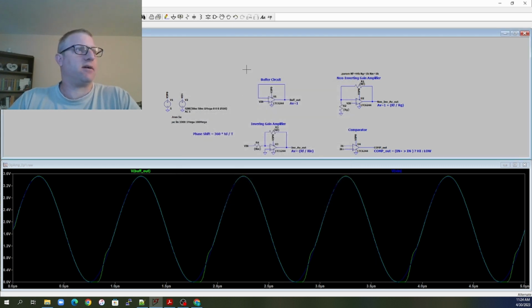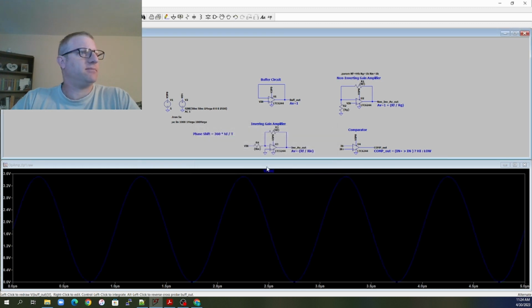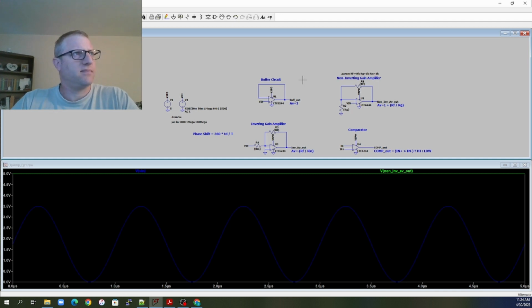And we'll keep it at 1 megahertz. So now we're also not going to be monitoring the buffer out anymore. We're going to want to take a look at the non-inverting AV out. And so let's go ahead and run that.